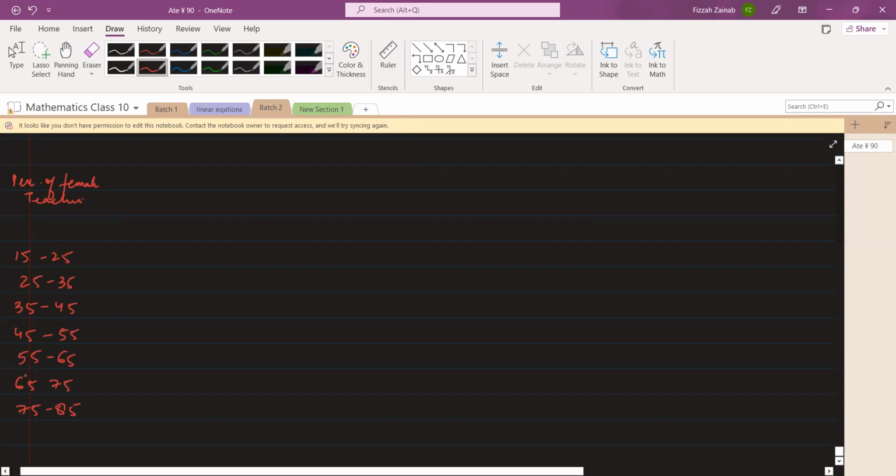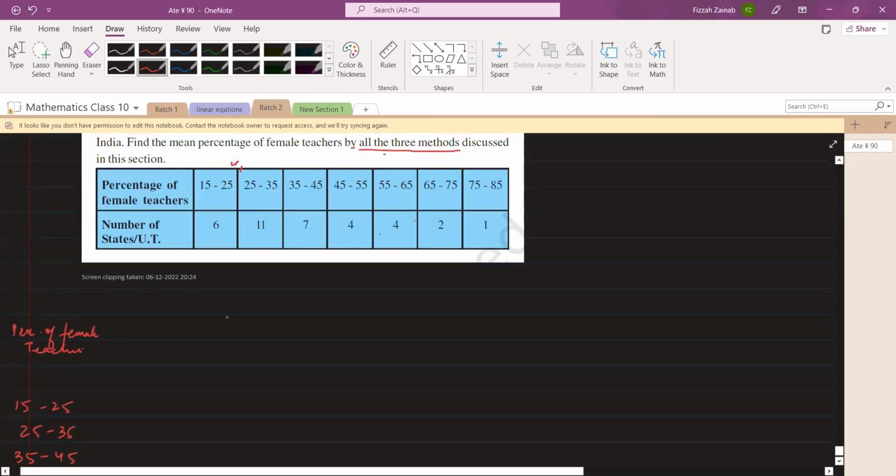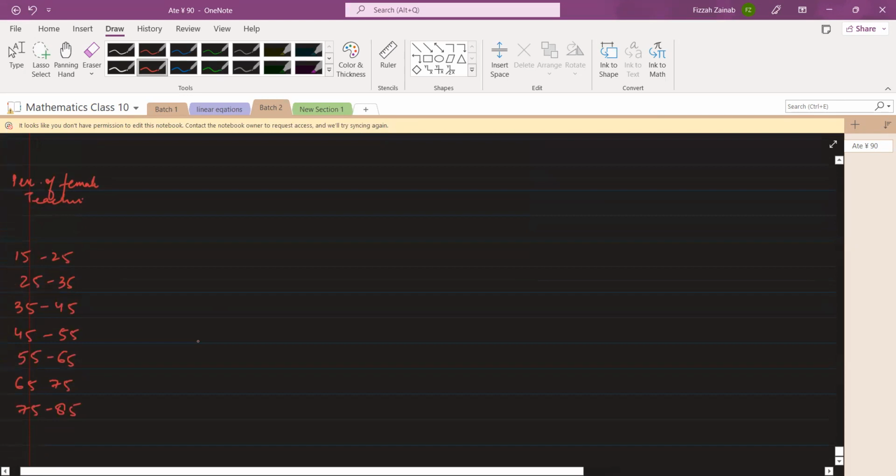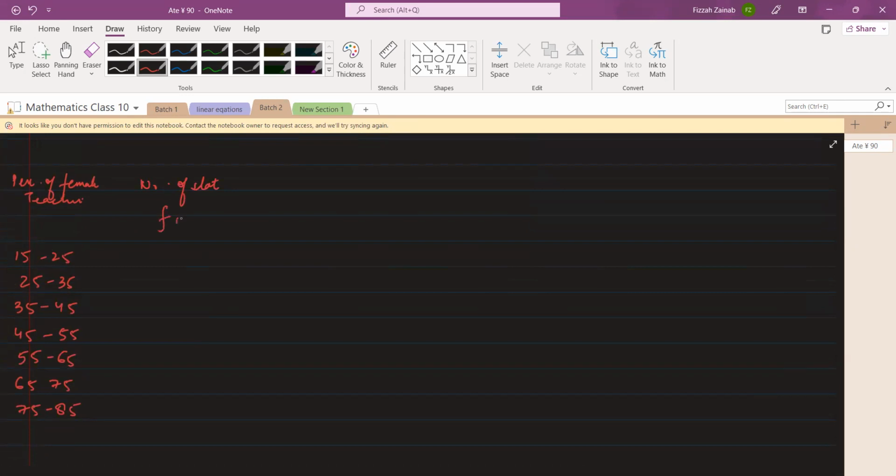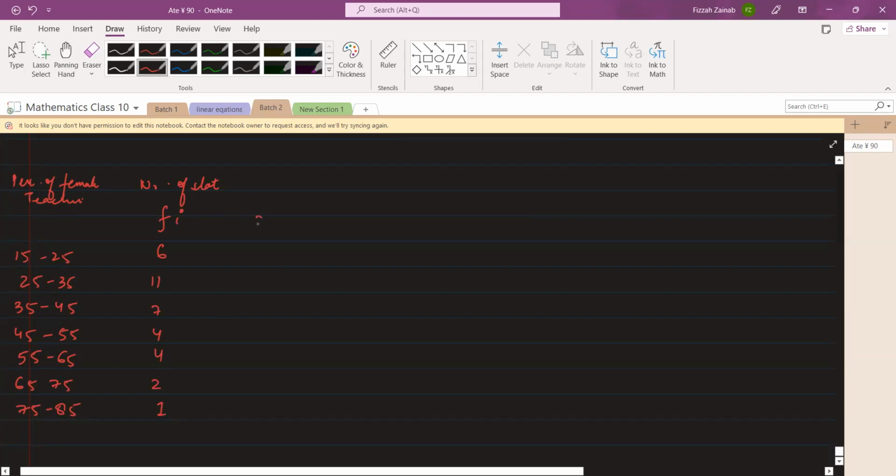And the next column is obviously their frequency, which is your fi, number of states and UTs. So you write them 6, 11, 7, 4, 4, 2, 1. Okay, and the next is obviously xi. First of all, we find xi, which is class mark.